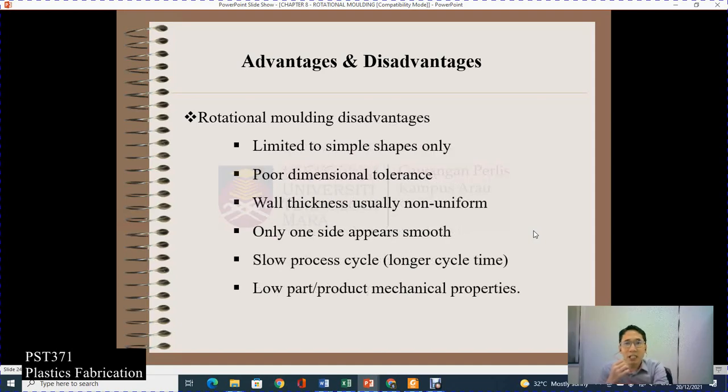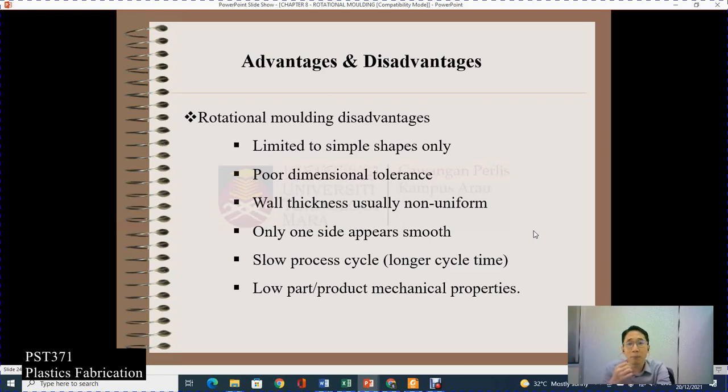But the disadvantages: limited to simple shapes only. More complicated parts are rarely made using rotational molding. Poor dimensional tolerance, because dimensional stability is a little bit hard to control during the process. Wall thickness is usually non-uniform, as I mentioned earlier.